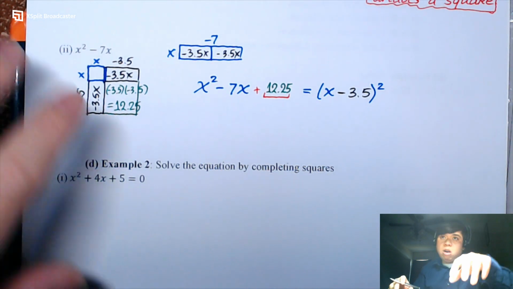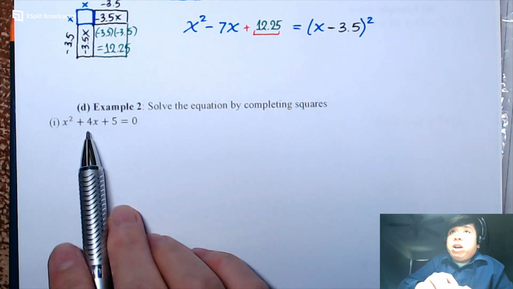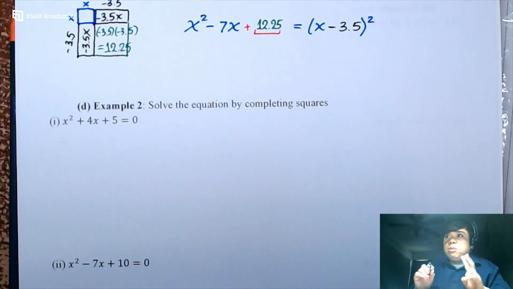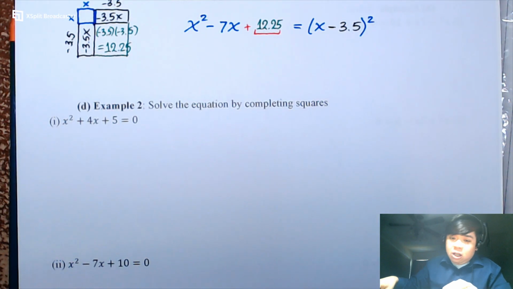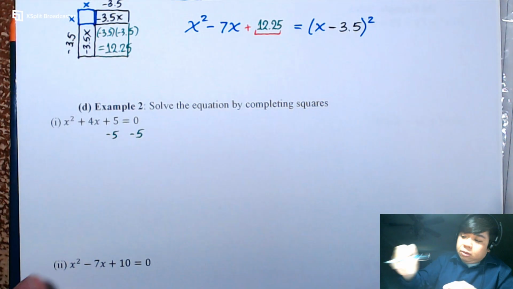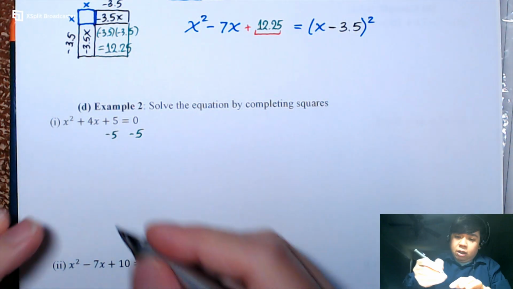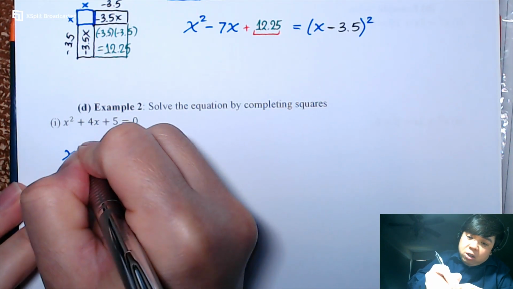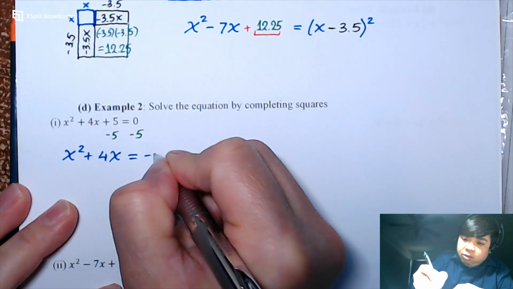Now let's look at the problem. How do we solve for this? First, we see x squared plus 4x plus 5. We only need two terms to make a complete square. So minus 5 on both sides. We have x squared plus 4x equal to negative 5.